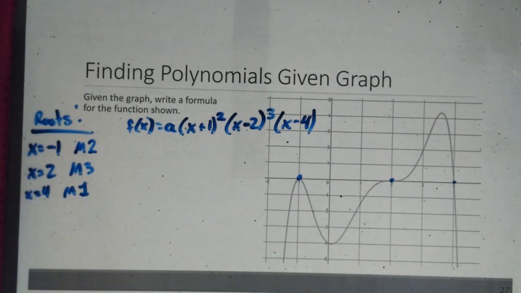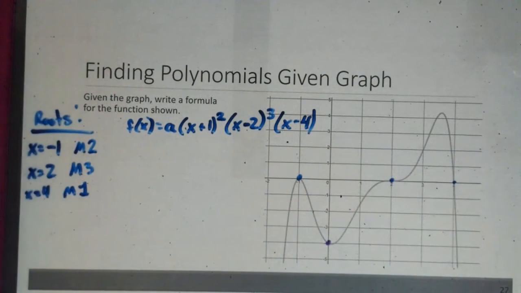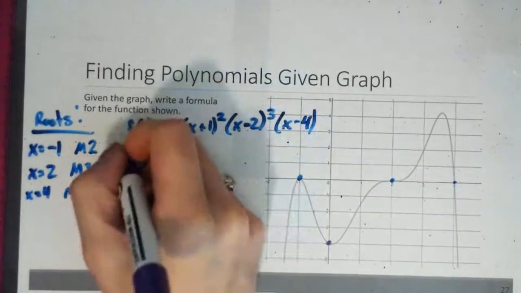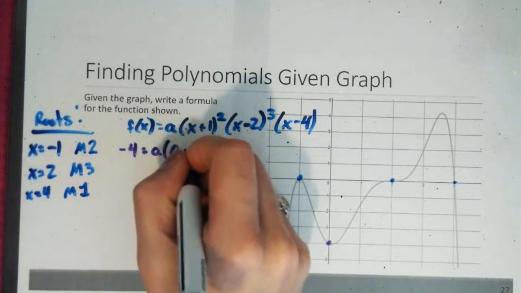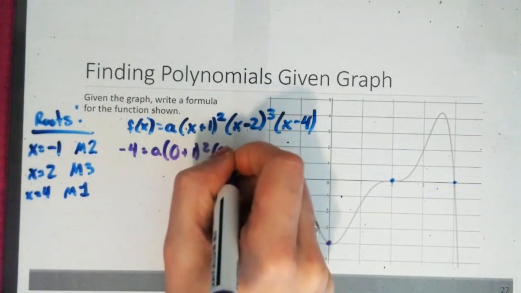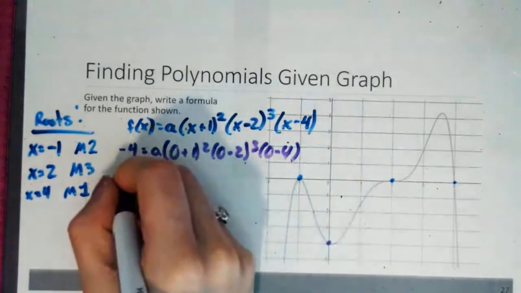Now I need a point on my graph that I haven't used yet. I kind of like this one. Looks like we go through (0, -4). So let's try plugging that in. We'll have -4 is equal to a times 0 plus 1 squared times 0 minus 2 cubed times 0 minus 4.